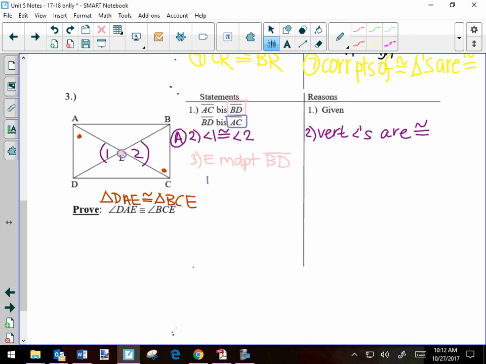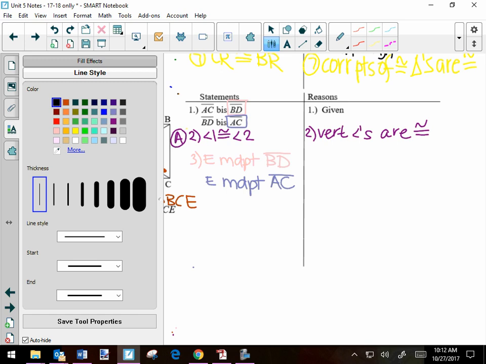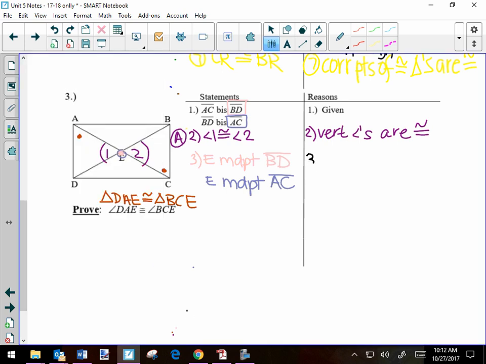And when I write my reason for that, I'm going to write what I know that a segment bisector does, and that is that a segment bisector is going to create a midpoint. We've already talked in detail about how a segment bisector will be crossing a segment at its midpoint.